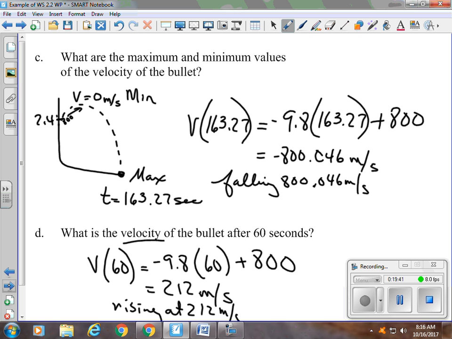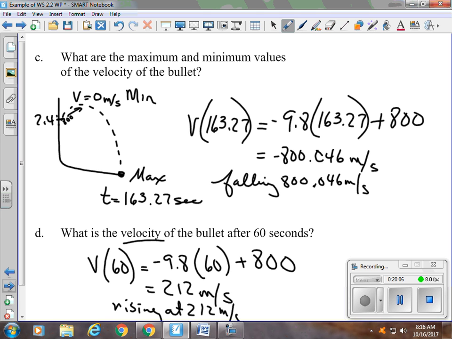Now for the velocity to be 0, that means that the bullet has had to really stop traveling up, and for just a microsecond, it stops in midair and starts to go back down. We need to know what time that happened. So if I know the velocity up here is 0, then I could set the velocity formula equal to 0 to find that.